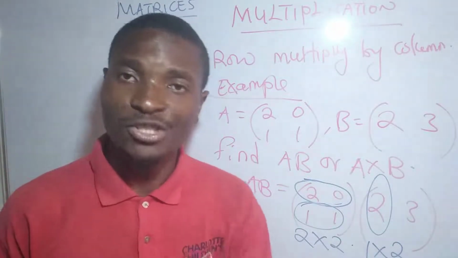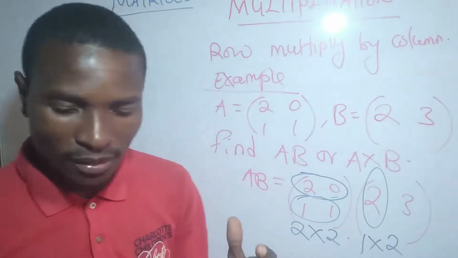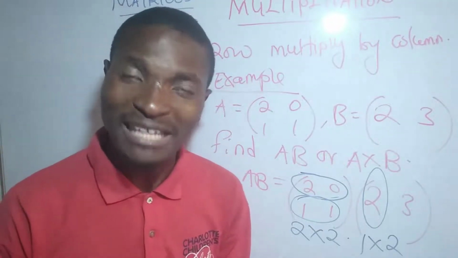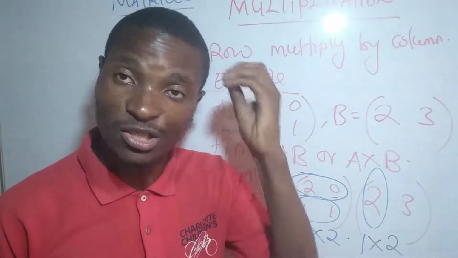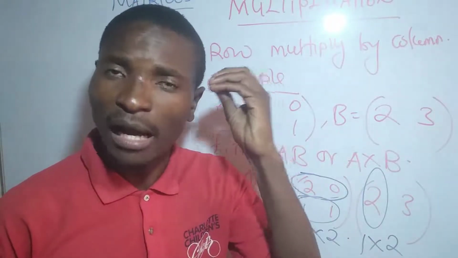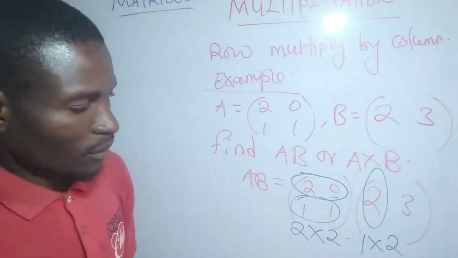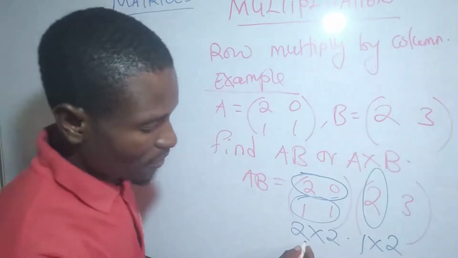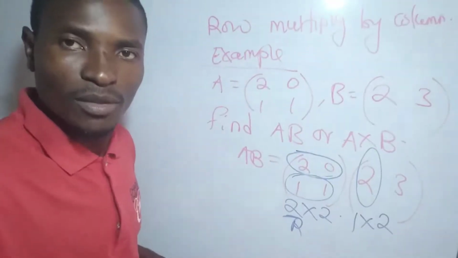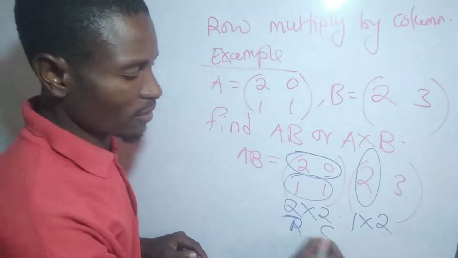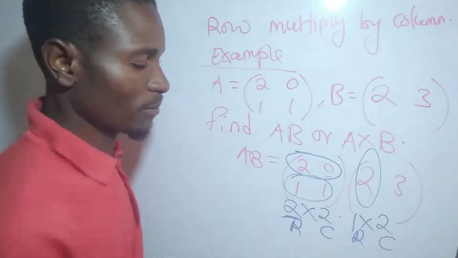Now I want you to understand this concept, and pay so much attention to it. You can see that this is a row, and this is a column.